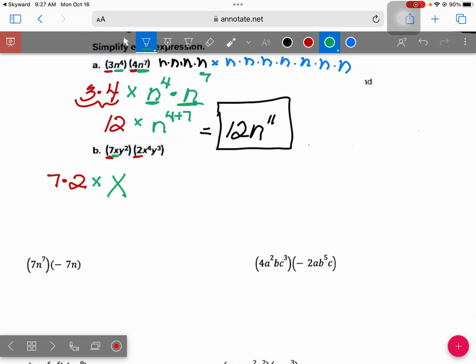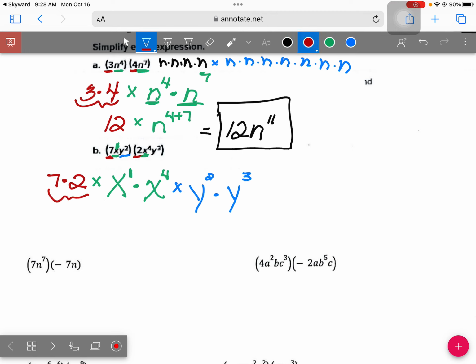If there is nothing there, you're going to be like Beyonce. And instead of putting a ring on it, you're going to put a 1 on it. Put a 1 on it. So that is x to the 1st times x to the 4th. And then I have y to the 2nd times y to the 3rd.